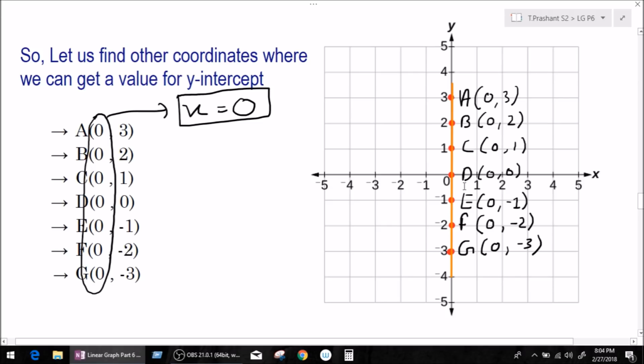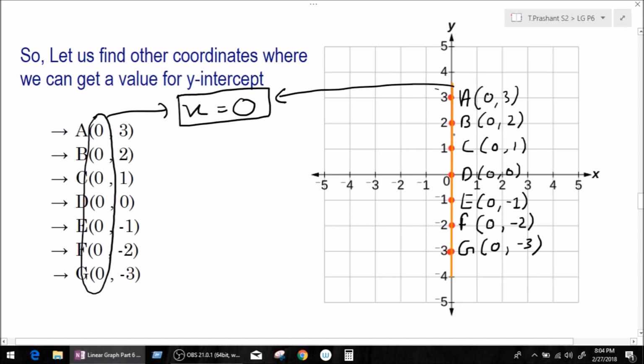Okay, so we have a line right here joining all the coordinates where we could get a value for y-intercept. Now please pay attention that this line has something common at every point, which is x equals 0. At every coordinate on this line we will have a value of x equals 0, so we can say that this line is actually x equals 0.